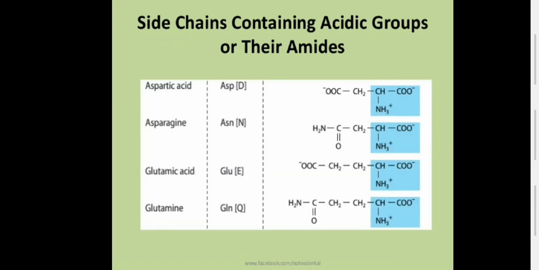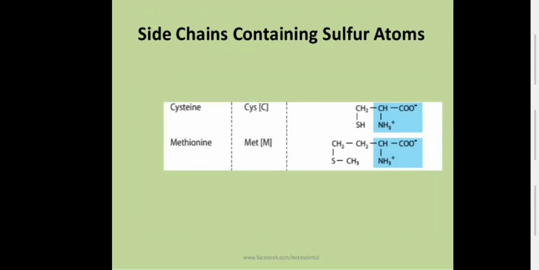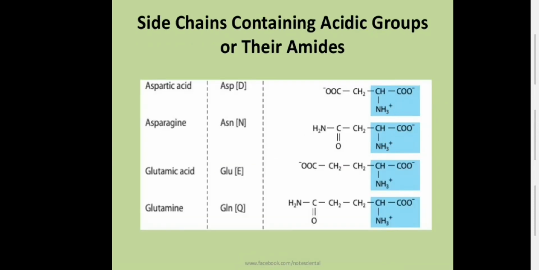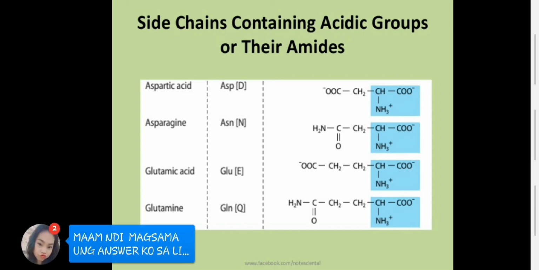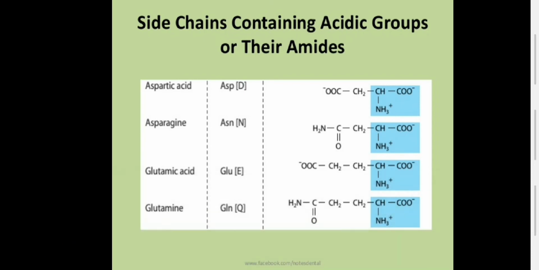These are the groups that show the classification of amino acids. In the sulfur group we have cysteine and methionine, and in the acidic group we have aspartic acid, asparagine, glutamic acid, and glutamine.